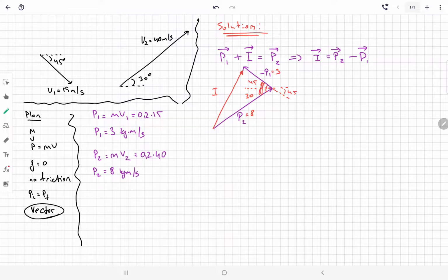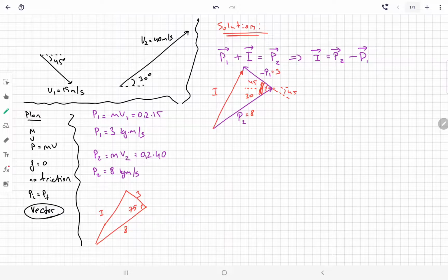Yes, so total angle here 75. So let me draw it again separately. So we have approximately this kind of triangle. I didn't pay attention to the scaling for now. So this side is 3, 8, angle between these two sides 75. We should find this part, the diagonal, the length of the triangle.